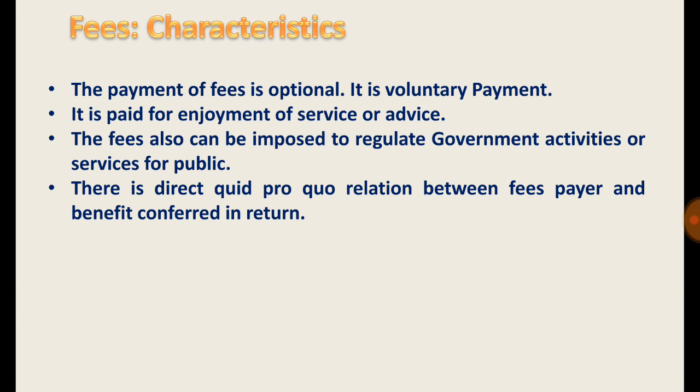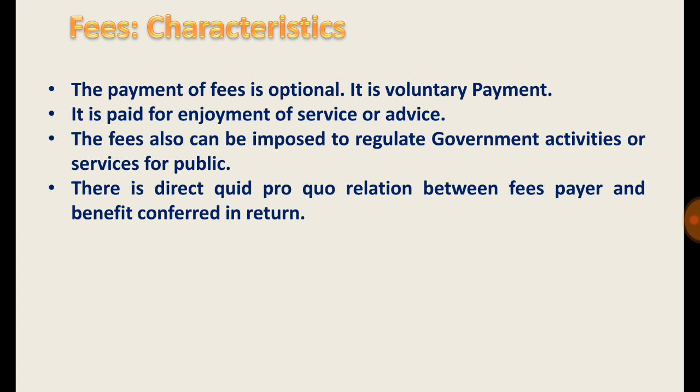And here you can ask the authority to whom you pay the fees what benefits they are going to give. So there is a direct quid pro quo relation. It means something for something. You pay fees and for that purpose you must get the benefits, specific forms of benefits, specific forms of services.